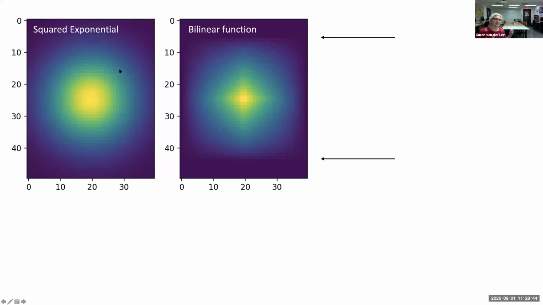Because at any point in between here, you're summing the effect from this grid point that is centered here, but you're also summing an effect from other grid points that are centered here or here or here or there. And the sum of the values of these squared exponential functions from these different grid points is not going to add up to 1. So that is, in my view, a slight disadvantage of these functions.